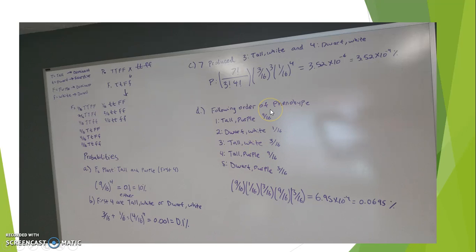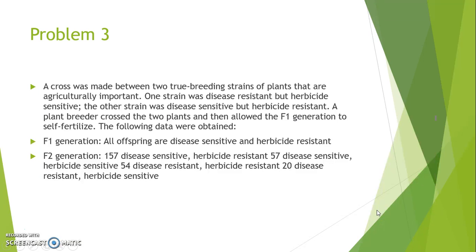Since each child is independent from each other, you take the first one times the second one times the third one times the fourth one times the fifth one, and it comes out to 0.0695%.